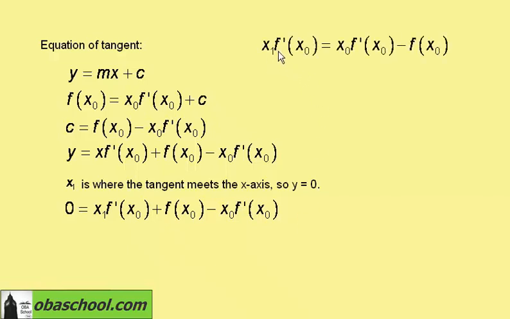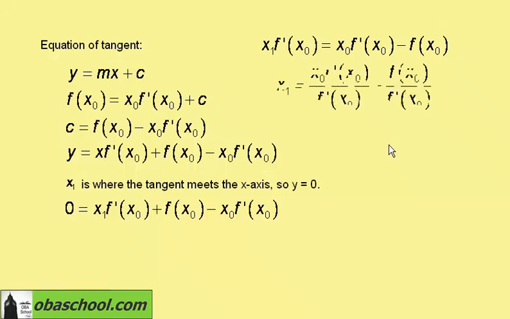Rearranging, we get x1 f dashed x0 is equal to x0 f dashed x0 take away f of x0. Dividing right through by f dashed of x0 gives x1 is x0 f dashed of x0 over f dashed x0, take away f of x0 over f dashed of x0.